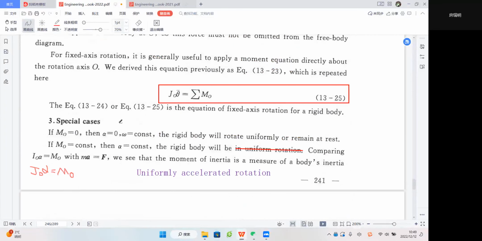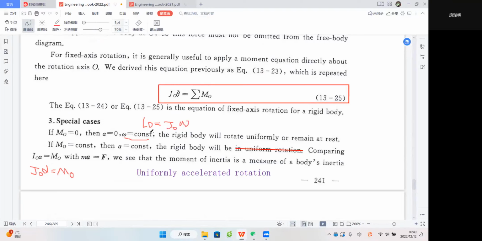Let's talk about some special cases. If M equals 0, here means JO alpha will be 0. So alpha equals 0, omega will be constant. So that's the kind of conservation, because our LO will always equal JO omega. And JO will never change. It just equals some certain value, and this omega is constant.